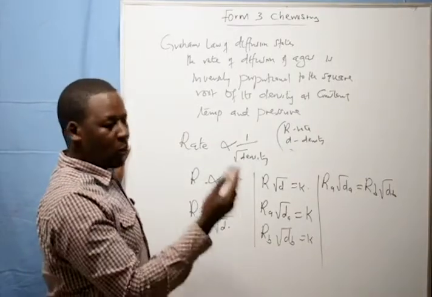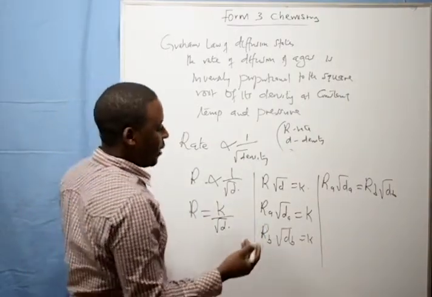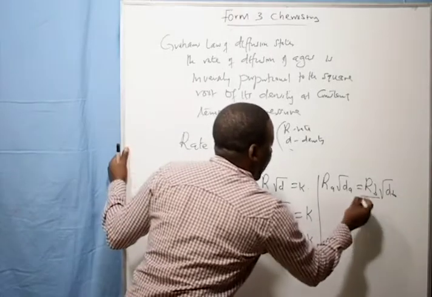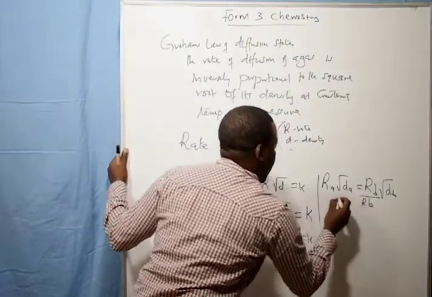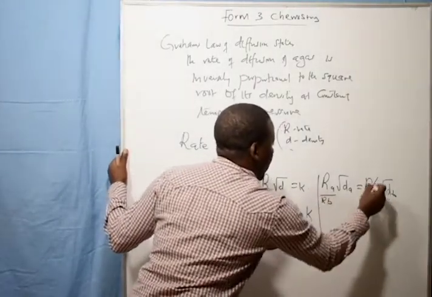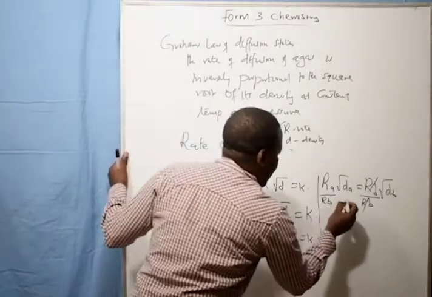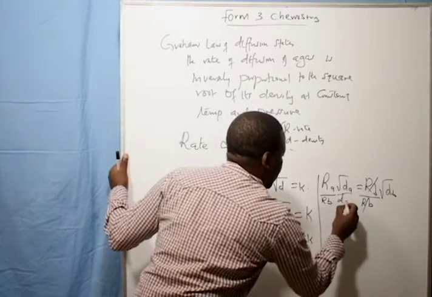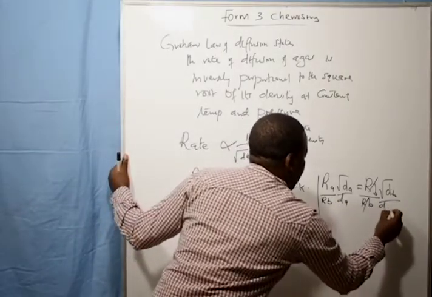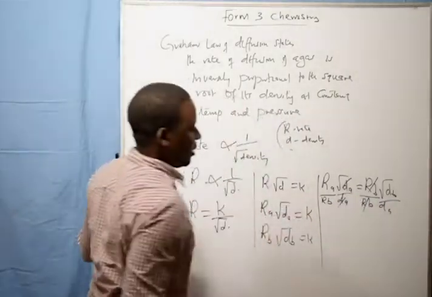Then let's put rate to one side and density to the other side. What you do is divide by rate of gas B, we cancel that. Then divide by density of A, and we cancel that.